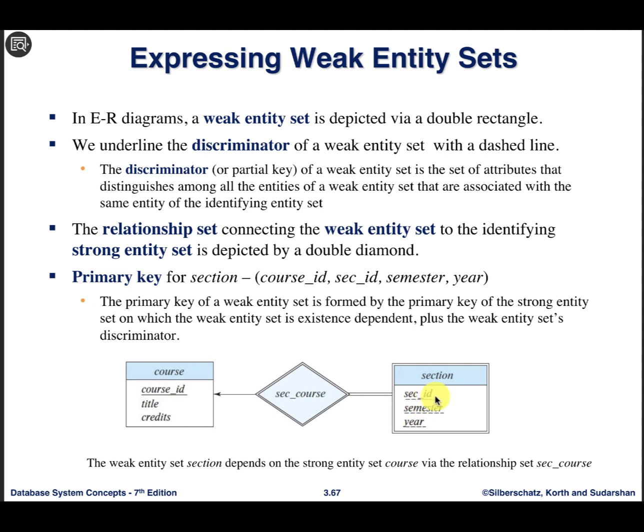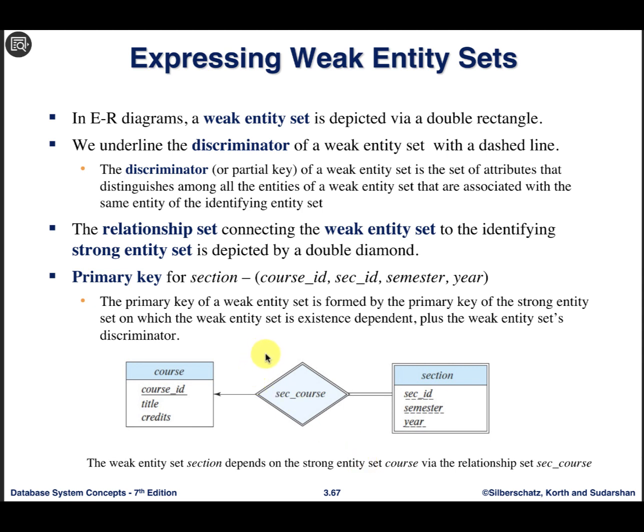Course section ID 1, semester spring or summer, year 2001, and we have many courses, we have different sections in the same term. Without the course ID, we cannot identify them. And this one must be many to one, from the weak entity to the strong entity. And this is how we can specify that.